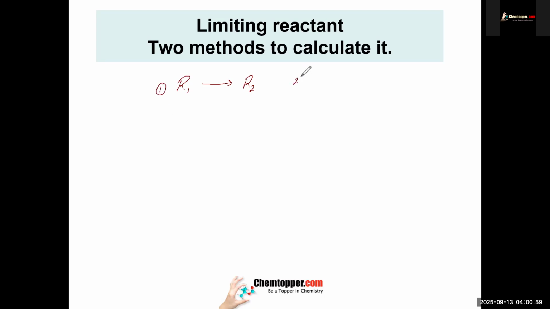Second method is that you convert your reactant 1 to product 1, convert reactant 2 to product 1, same product, and check who is giving you less amount of the product. Whoever is giving you less amount of the product is the limiting reactant. Limiting reactant will become zero after the reaction.